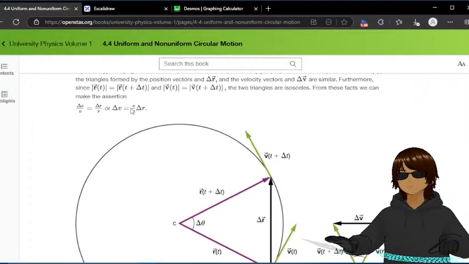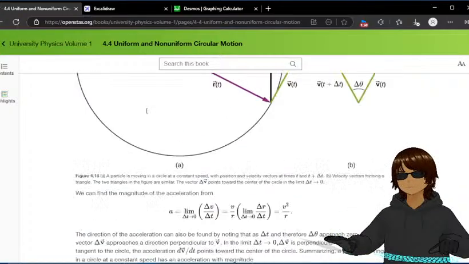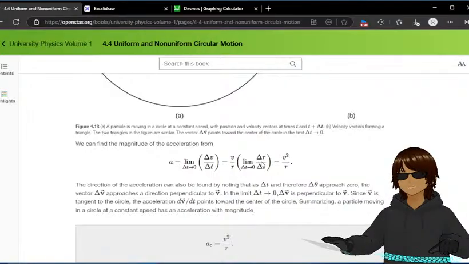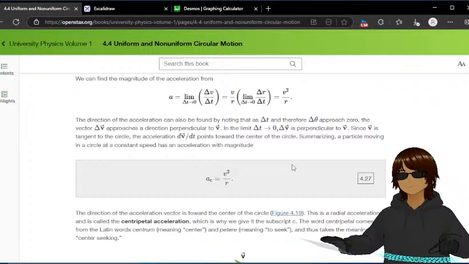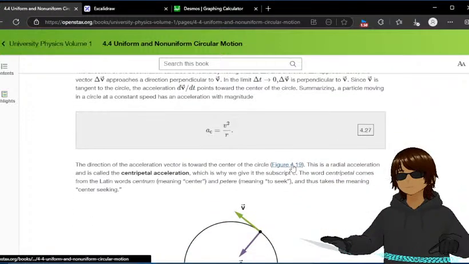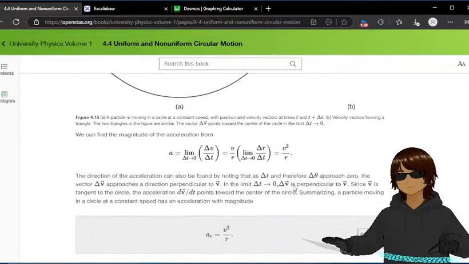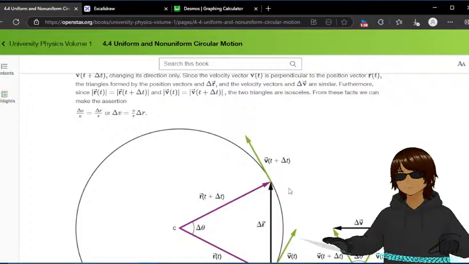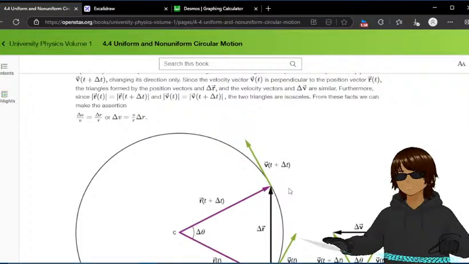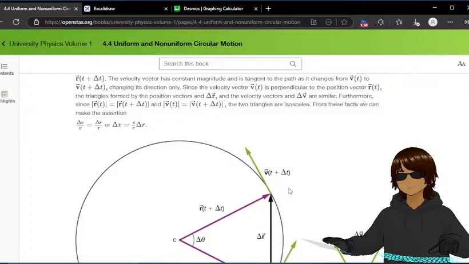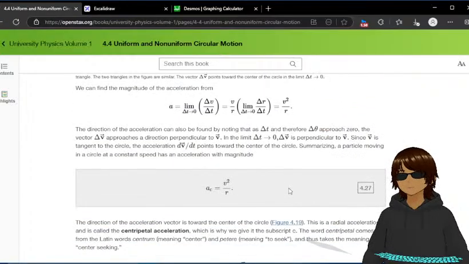Or delta v is equal to v over r delta r. Okay, so that's how they got this. And then we got v squared over r. R is the position, right?